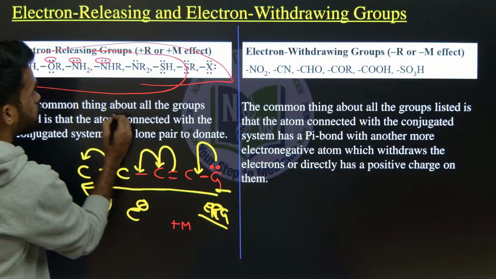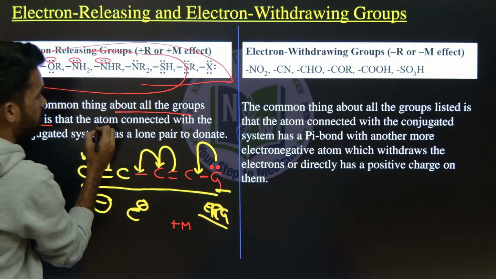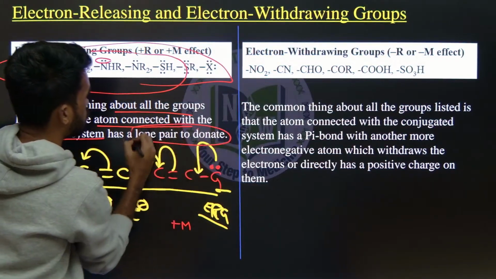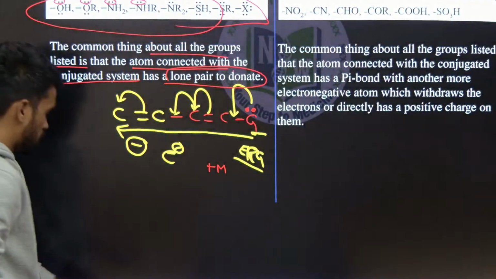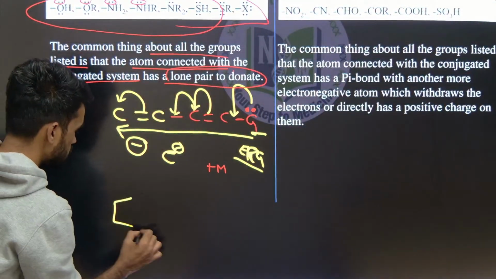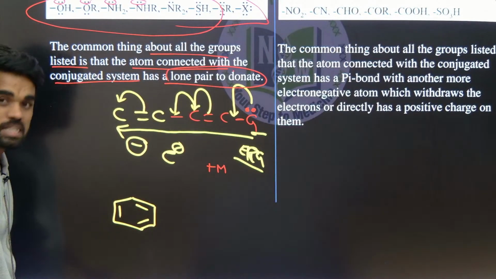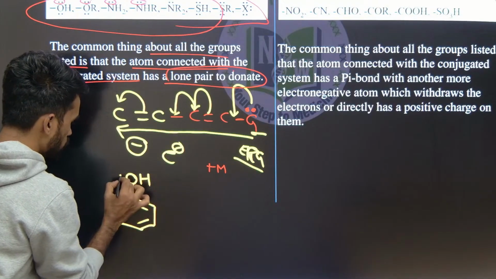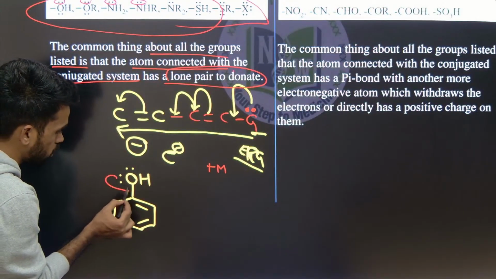The common thing about all these groups listed here is that the atom connected with the conjugated system has lone pair electrons to donate. You can observe this more effectively here. Just see, I am writing a ring which is conjugated, a benzene ring simply, which has an OH group. See, the OH group has a lone pair on it, that can be donated into the system like this.